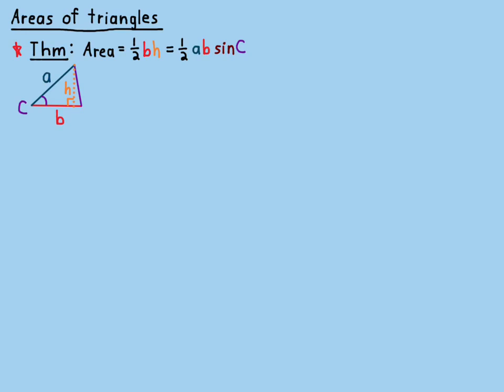You've got this triangle, base times height, which I just called B. Then you have this angle C over here, and you have the other side that is adjacent to C. So A and B are adjacent to C. And if you look at this, sine of C is opposite over hypotenuse, which is H over A. And that means if I solve, H equals A sine C. And so all I did was stick A sine C in for the height, H, and you get this formula.